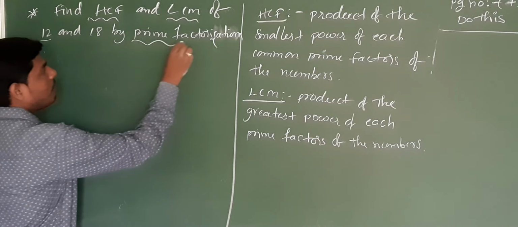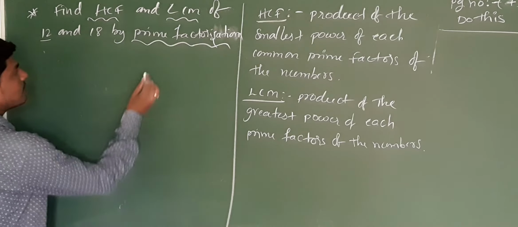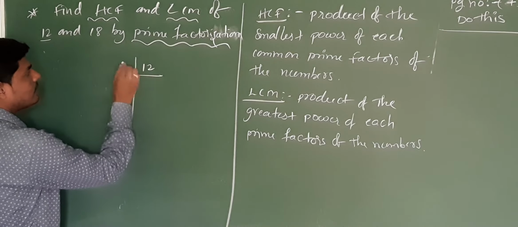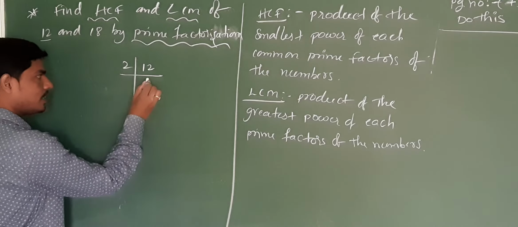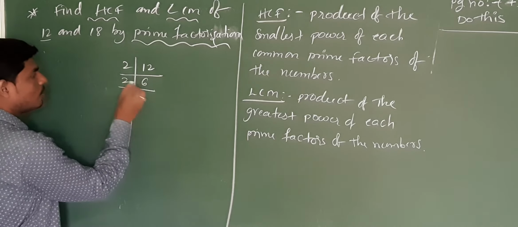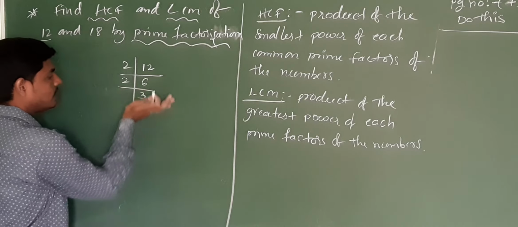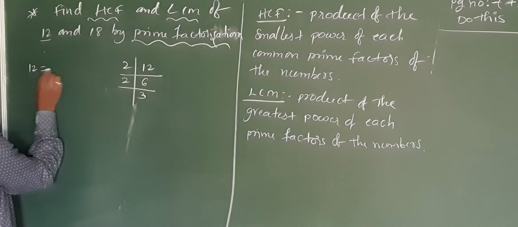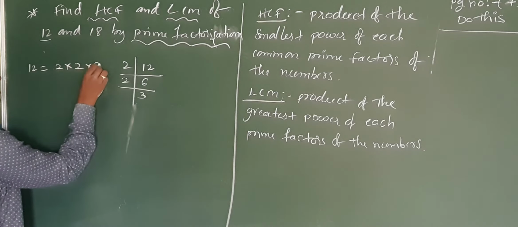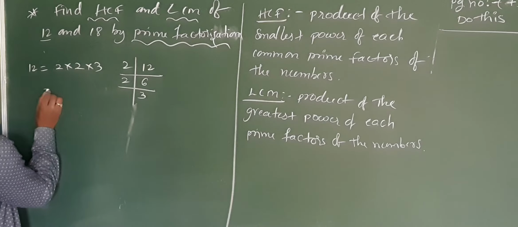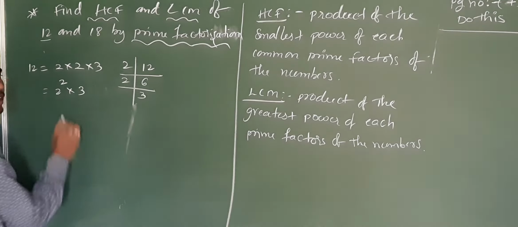12 by using prime factorization. So take 12 prime factors. 2 6s are 12, 2 3s are 6. So you will get 12 is equal to 2 into 2 into 3. That means 2 square into 3.